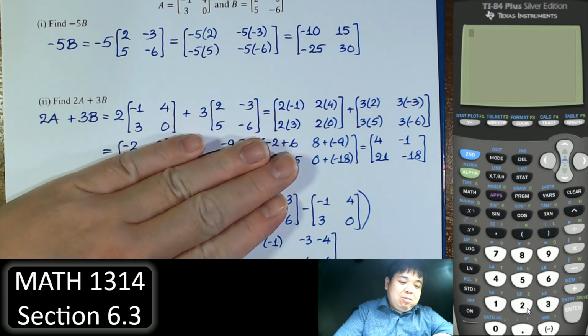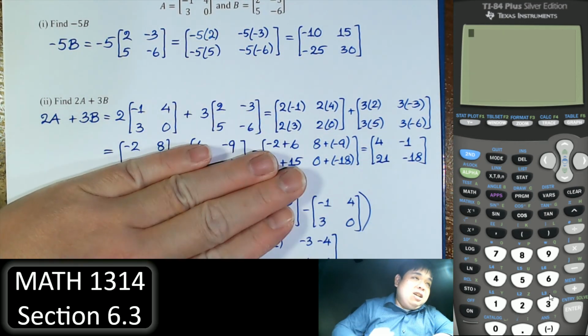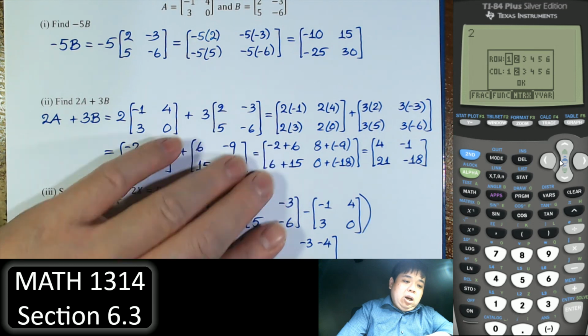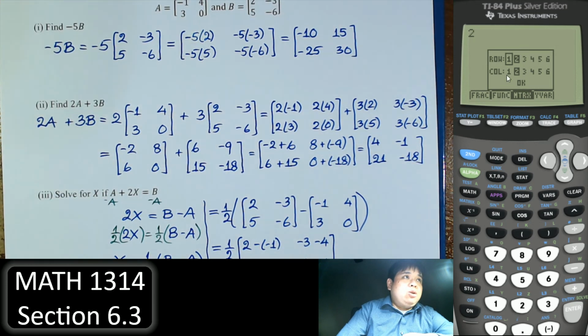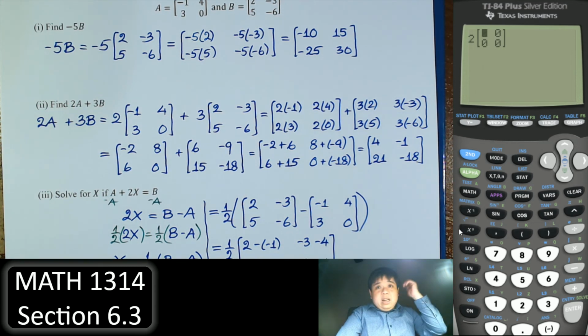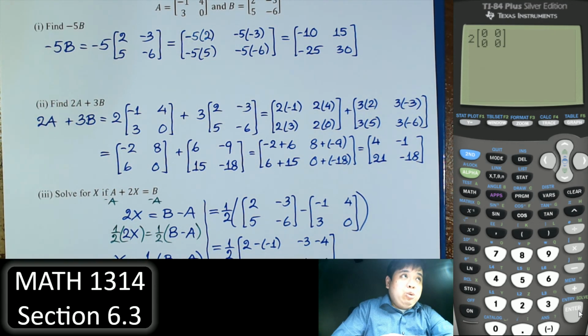So let's see this. We have 2 times a matrix. So hit alpha zoom. We have a 2 by 2 matrix, so 2 by 2, that's good. The difference here is that when you enter everything here, do not hit the enter key until you're done.